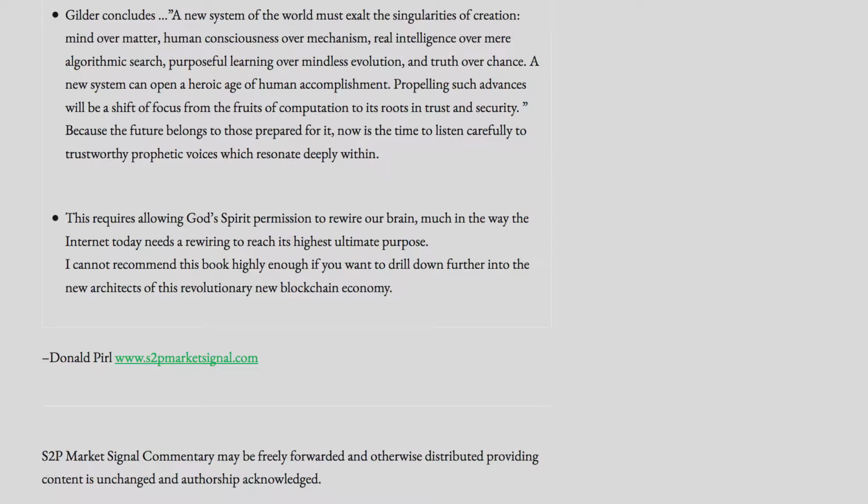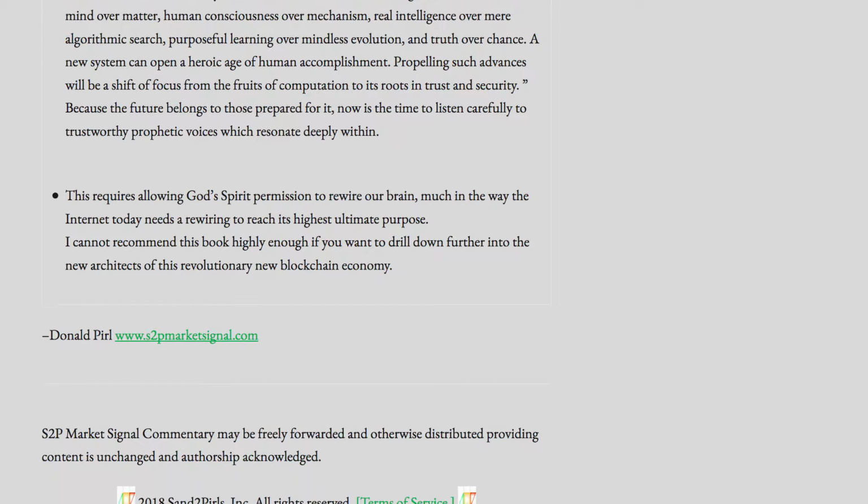A new system can open a heroic age of human accomplishment. Propelling such advances will be a shift of focus from the fruits of computation to its roots in trust and security."